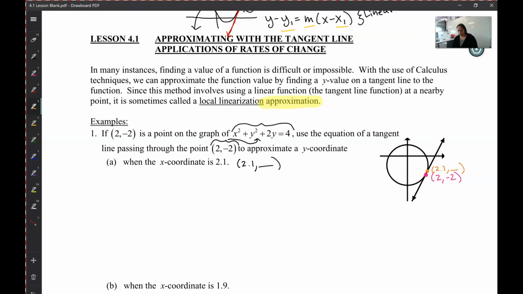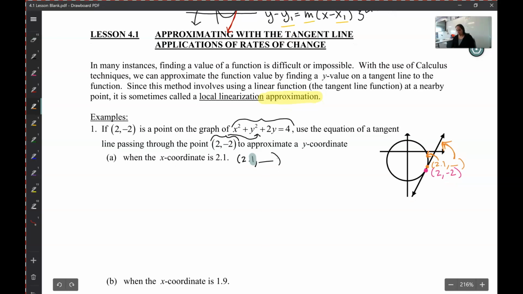Well, because those are so close, if I find that point on the tangent line, it's going to be pretty darn close to what the point is on the curve. That's what local linearization says. If I find it on the tangent line, it's a pretty good approximation for the actual point on the curve. So we're using a tangent line to approximate the point on a curve instead of going through all those solving steps, which tend to be kind of gross.